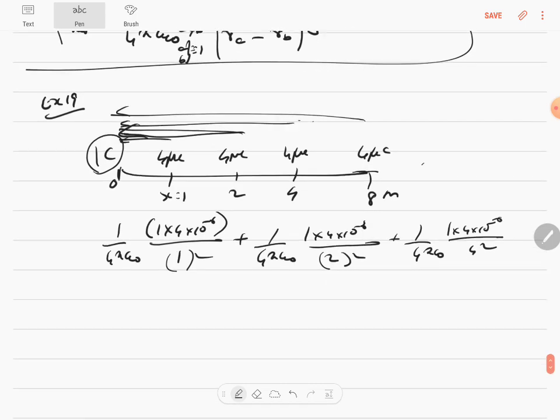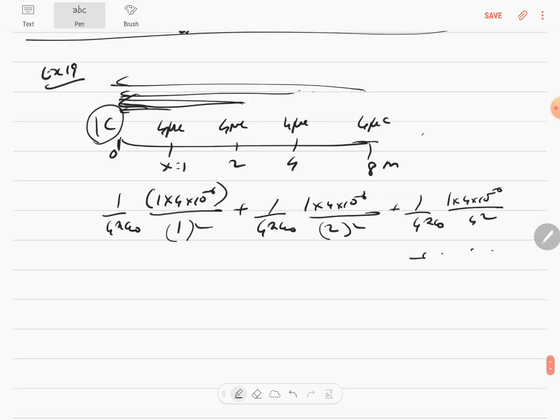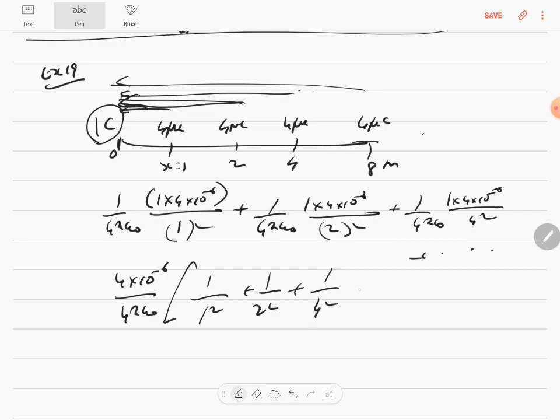It goes on like that. What is common is 1 by 4 pi epsilon naught, and 4 into 10 to the power minus 6 can be taken out common. You get 1 by 1 square plus 1 by 2 square plus 1 by 4 square plus dot dot dot, it goes on like that.